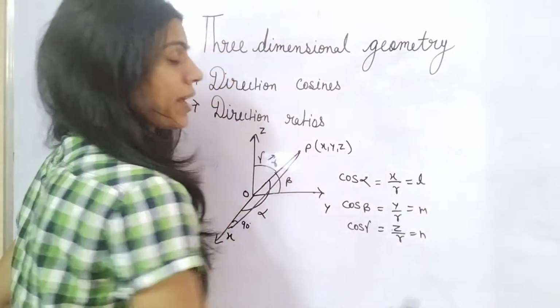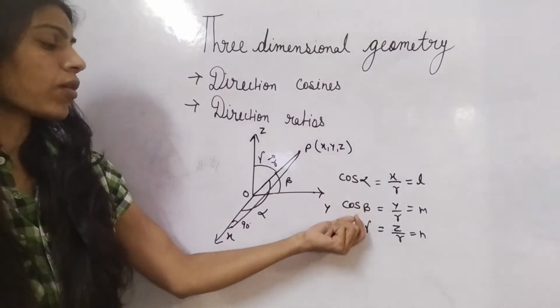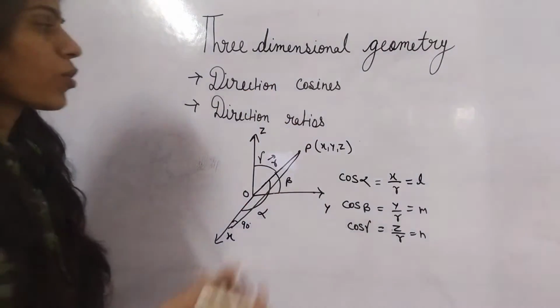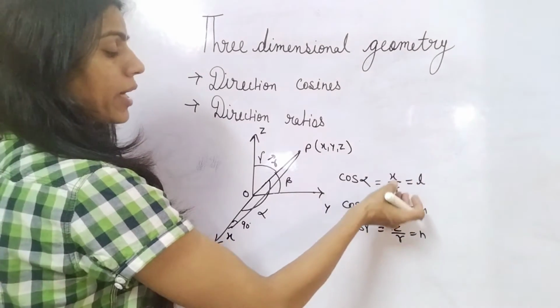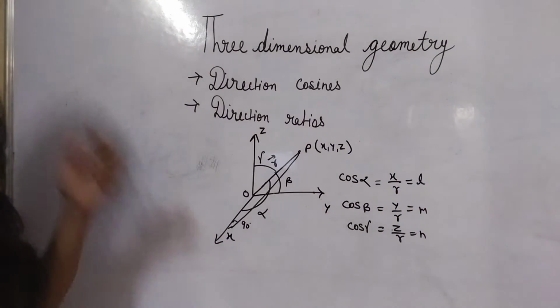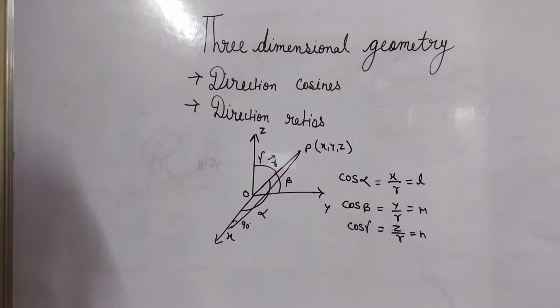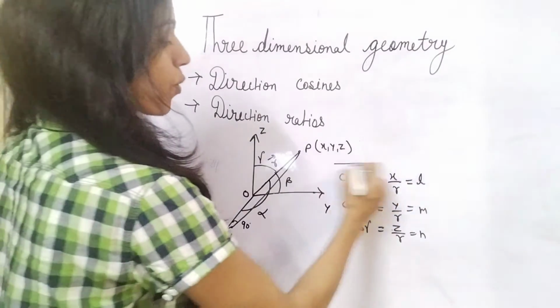These l, m and n are only the representation of cos alpha, cos beta and cos gamma, which are known as direction cosines. So l, m and n are direction cosines, and their values are x upon r, y upon r and z upon r, where r is the position vector, and x, y and z are the coordinates, right?